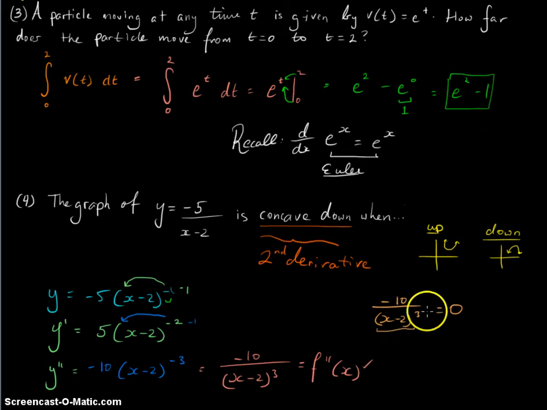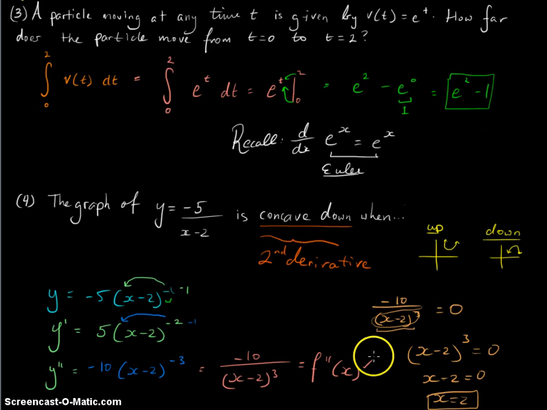So we just set the denominator equal to 0. Remember from our first example, that's when it is undefined. So we said x minus 2 cubed is equal to 0. So we will find that x minus 2 is equal to 0 if you cube root both sides. So x equals 2.